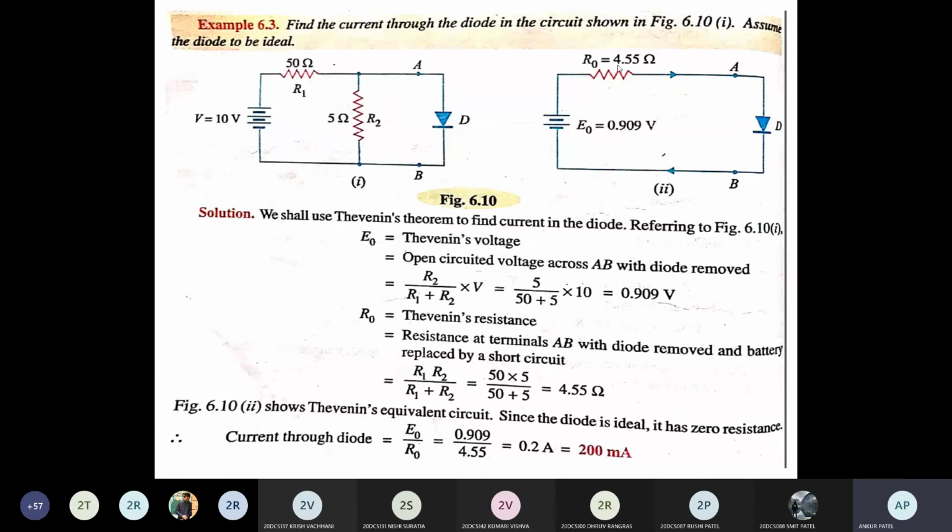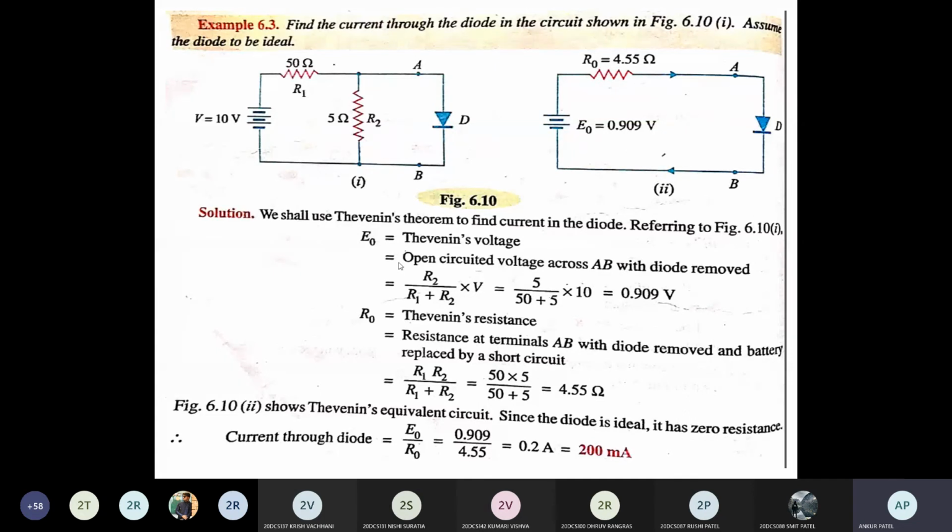So here we have E0, R0, and the diode. We need to find the current through the diode. I equals V by R, so E0 by R0, which is 0.909 upon 4.55. That is 0.2 ampere or 200 milliampere.